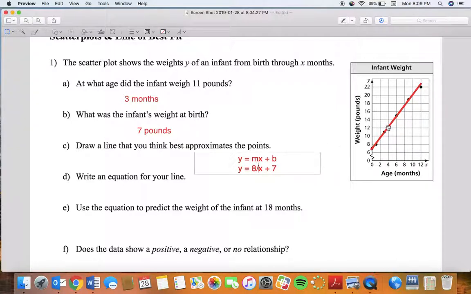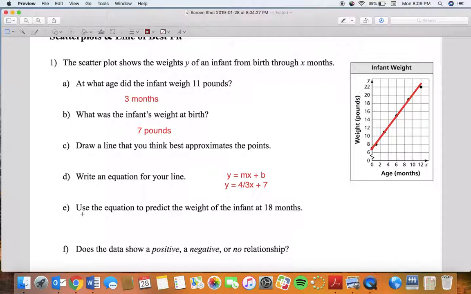My run, I ran 1, 2, 3 boxes. But again, I'm counting by 2s. I went from 4 to 6 to 8 to 10. Okay, yeah. So I ran 6 months. 8 over 6 as a fraction, I could simplify. I could divide both of those by 2. So that would be 4 over 3. So my full equation is y equals 4/3 x plus 7.